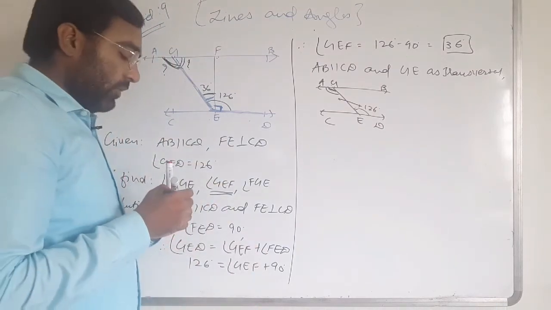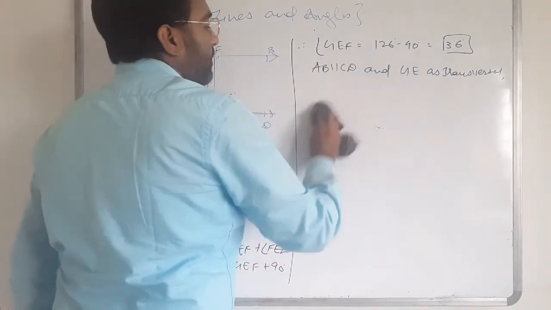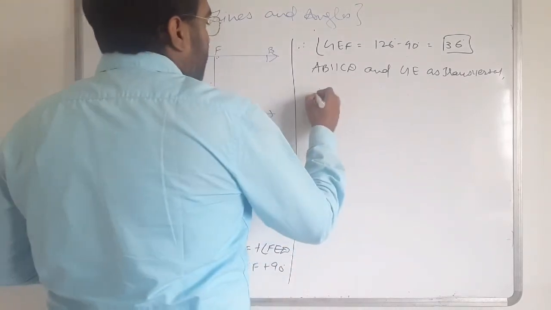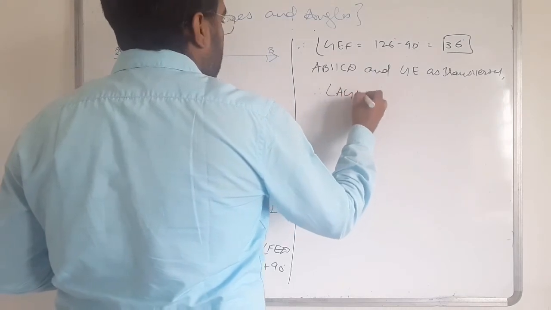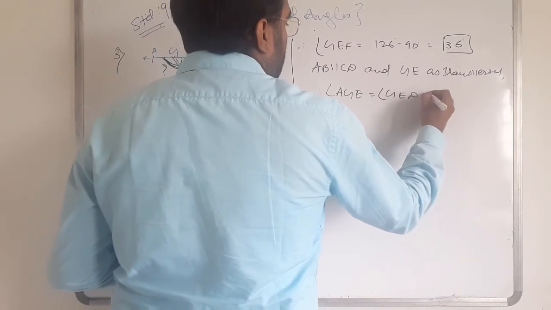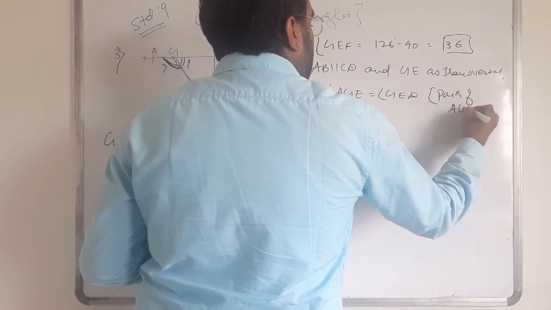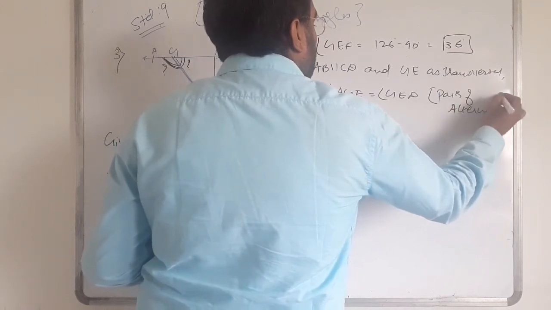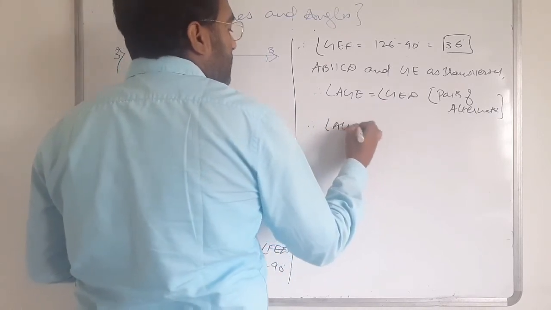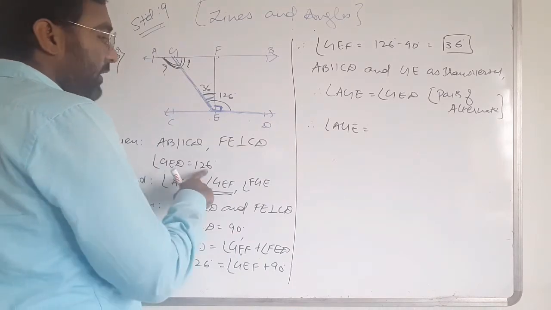So therefore we write angle AGE is equal to angle GED, pair of alternate angles. So angle AGE is equal to GED, which is given as 126.